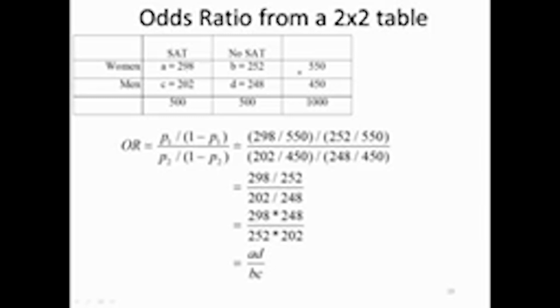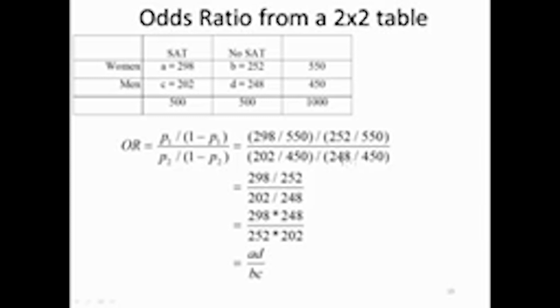P1 is nothing but 298 by 550. 1 minus P1 is 252 divided by 550. P2 is 202 divided by 450. 1 minus P2 is 248 divided by 450. So we can cancel all of them.